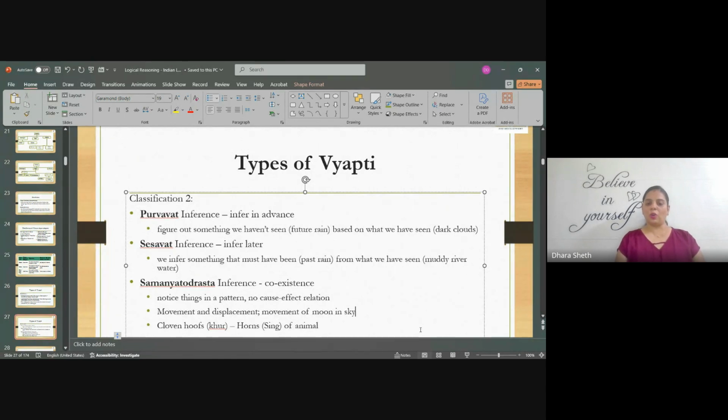The animals who have cloven hoofs have horns, and the animals who have horns will have cloven hoofs. So when you see the horn of the animal, you can infer that it must have cloven hoofs. And if you see the cloven hoof, you can infer that it must have a horn. It's not cause and effect. It is coexistence of two things. Clear with this?